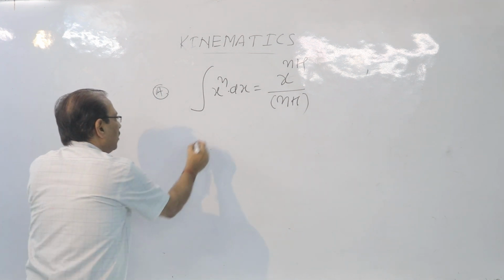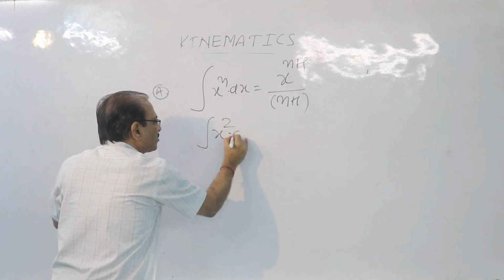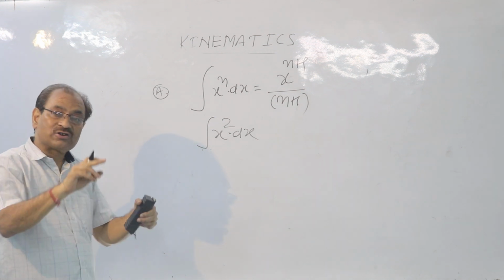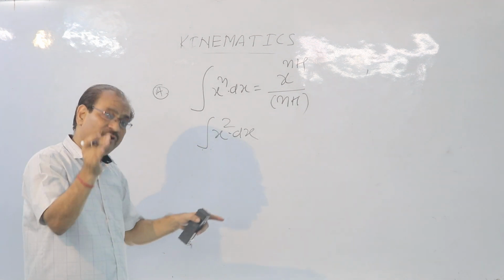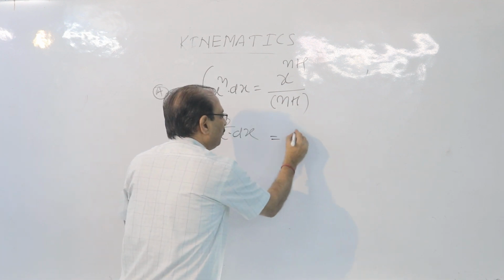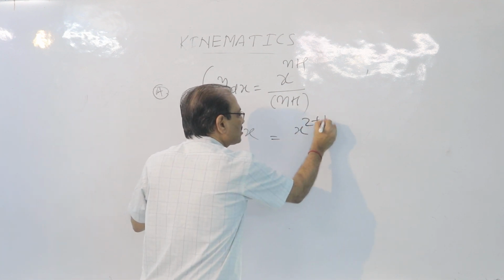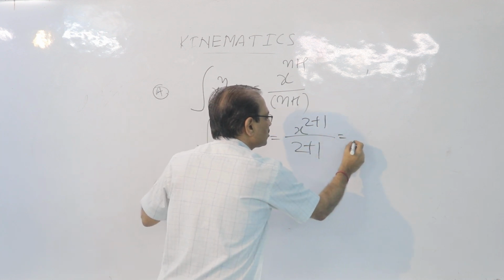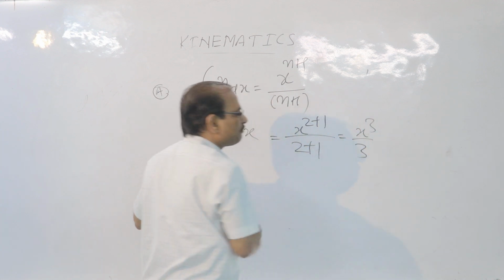For example, if you want to solve x square dx, you are finding out integration of x square with respect to x. So your answer will be x to the power 2 plus 1 divided by 2 plus 1, that is x cube upon 3.